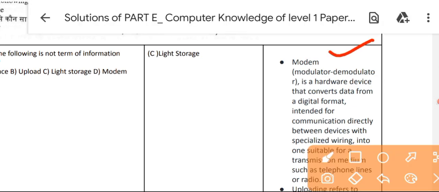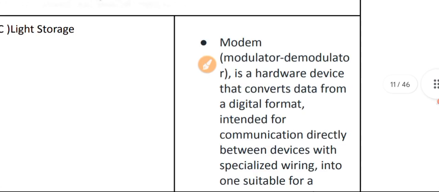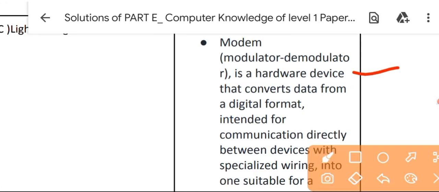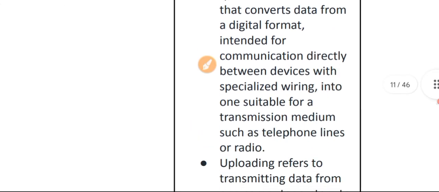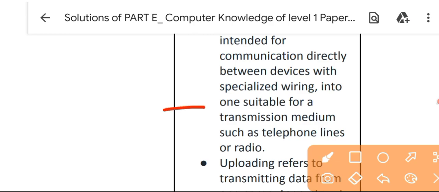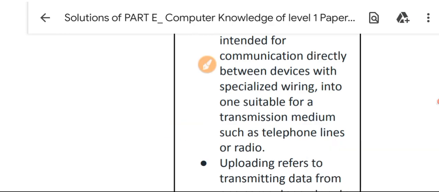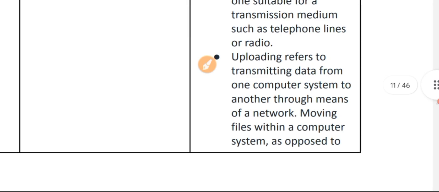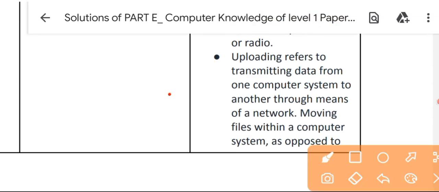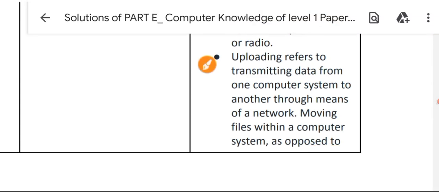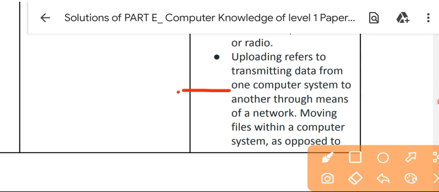What is a modem? A modem is a modulation and demodulation device. It is a hardware device that converts data from a digital format into one suitable for transmission, such as a telephone line or radio. Uploading is transmitting data from one computer to another computer over a network.